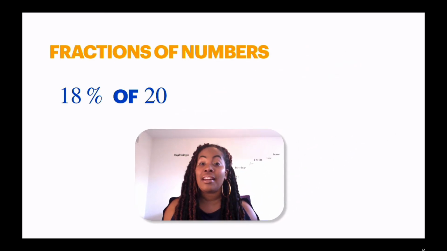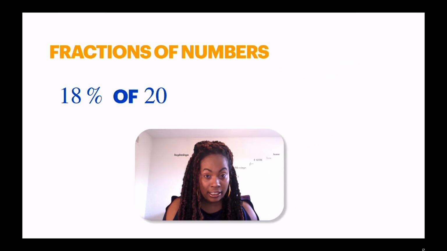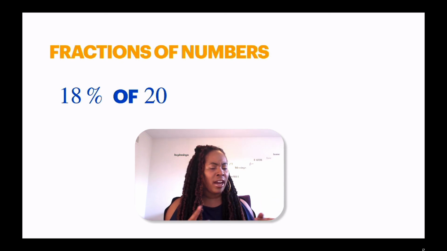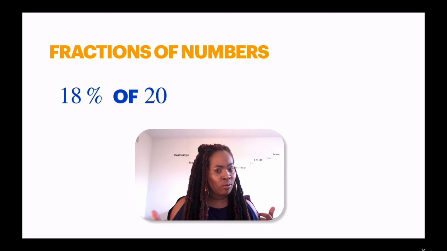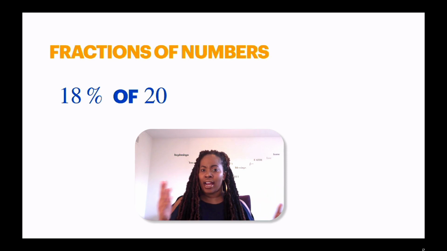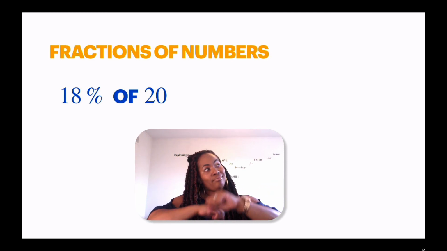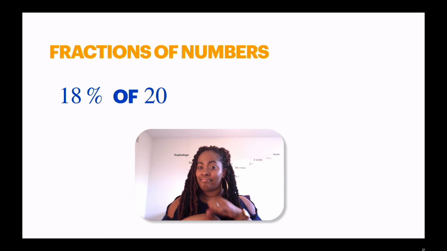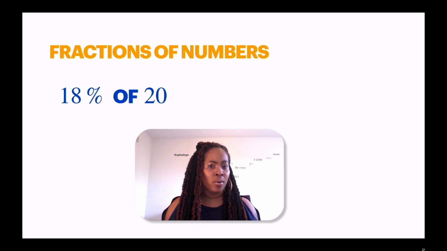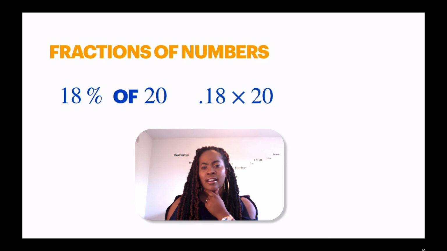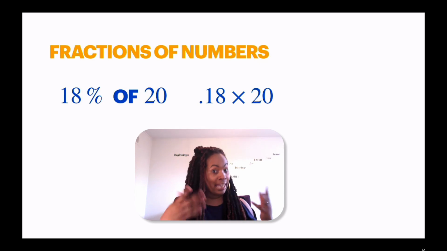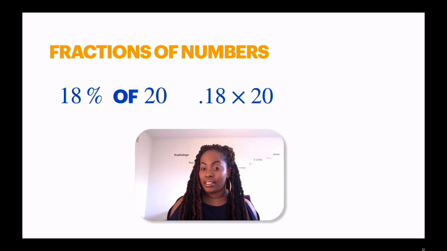Yes, percent means hundredth. So therefore, we're really talking about 18 hundredths. So we could either write it as a fraction, 18 hundredths, or we can write it as a decimal. But for this purpose, we're going to go ahead with the decimal form. So we're going to say 0.18 or 18 hundredths times 20.